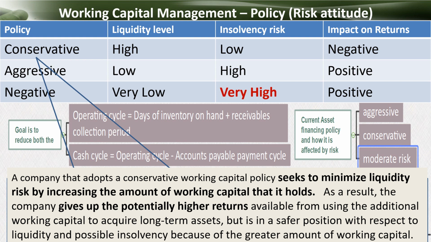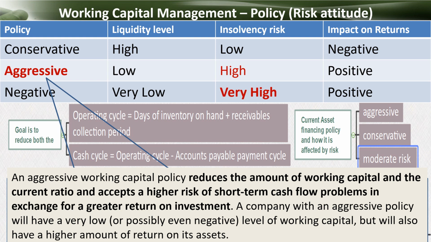As a result, the company gives up potentially higher returns, because if you are keeping a conservative policy and working capital has to be more, you will be holding cash which could return better in an opportunity investment. We give up the potentially higher returns available from using this additional working capital to acquire long-term assets. But it is in a safer position with respect to liquidity and possible insolvency because of the greater amount of working capital.